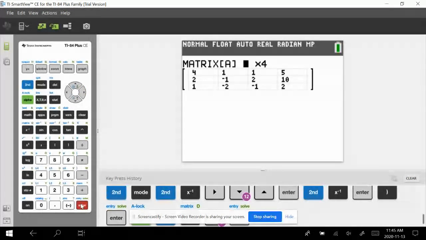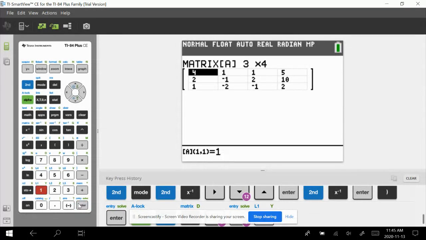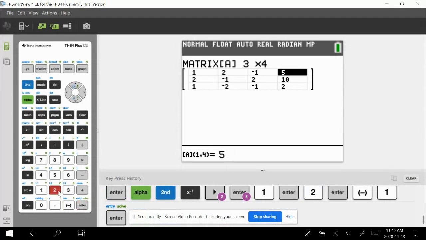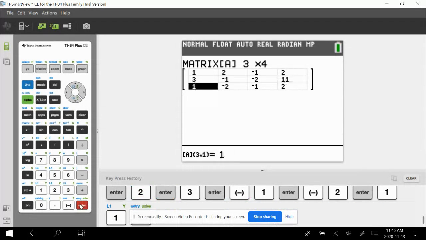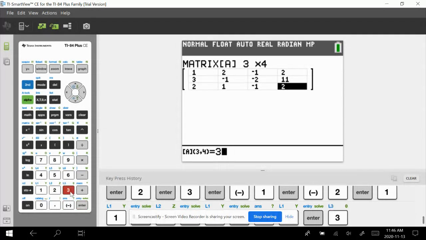So second matrix, Edit. Okay, we still have a 3 by 4 matrix, so I'm just going to copy over here, and we get 1, 2, negative 1, 2. We get 3, negative 1, negative 2, 11, 2, 1, negative 1, 3.